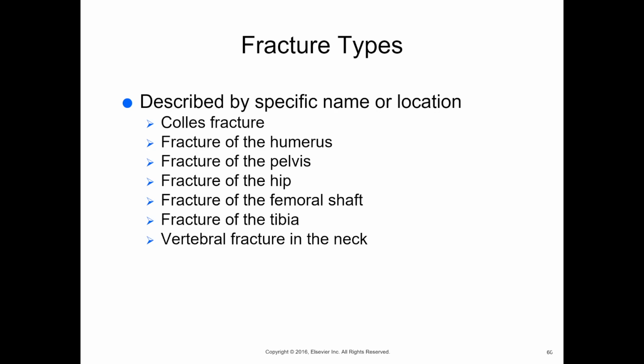You can also have what's called a Smith's fracture, which is a fracture of the distal radius, but it has anterior angulation. There's also other types of fractures that involve both the distal radius and ulna, all kinds of things. I've mentioned the Salter-Harris fractures before, which are fractures that occur in children and affect the epiphyseal plates, the growth plates.